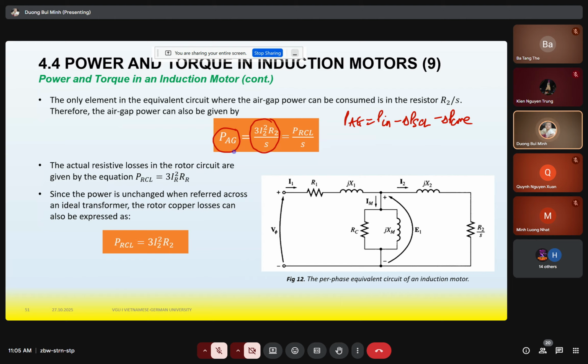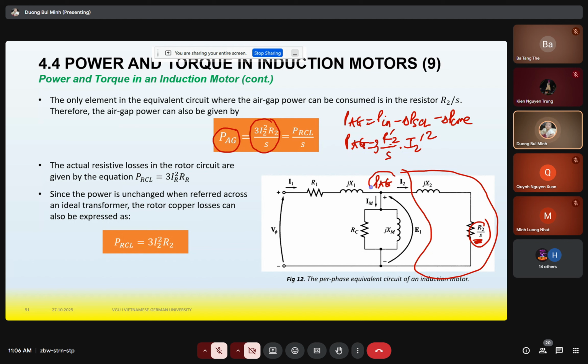So how can you get these formulas? P_H is here. If we consider the rotor side, we have this resistor. So P_H is 3 times R2'/S times I2' squared, with three phases.